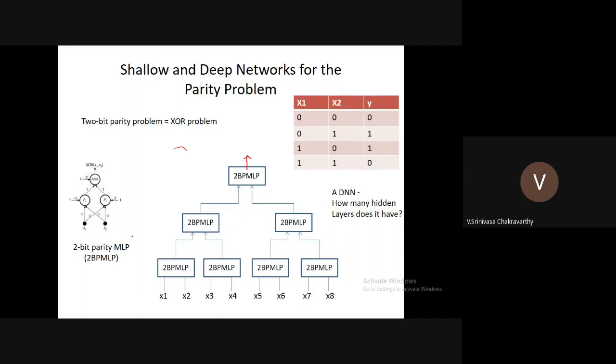All right. Now, you can see that this network has one hidden layer. If you imagine that this network is sitting inside each of these boxes, you have two hidden neurons here, and then one other hidden neuron here. You can actually count the number of hidden neurons in this entire network.